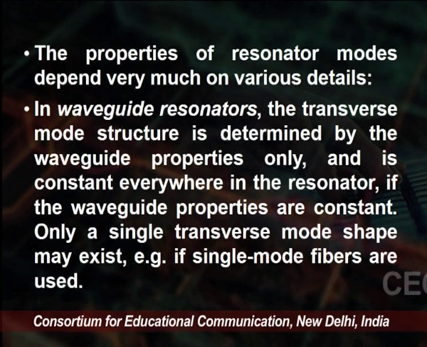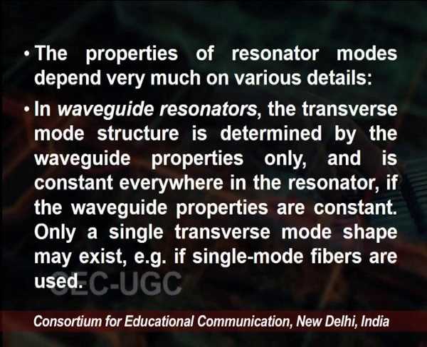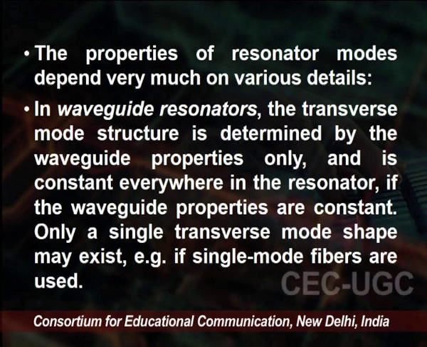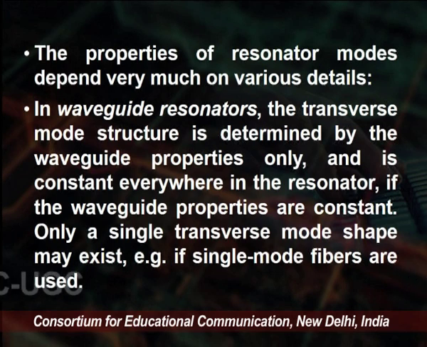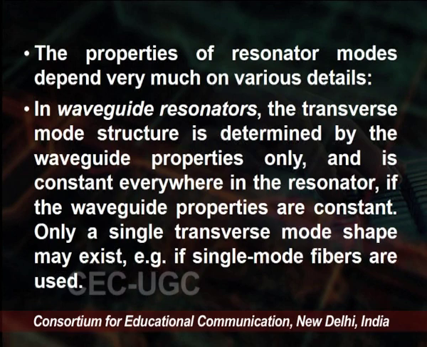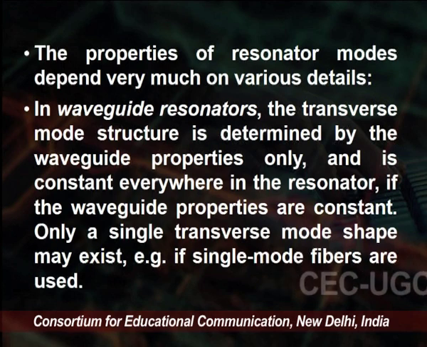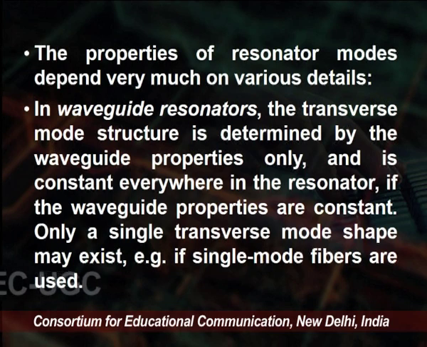Number one is the waveguide resonator. In a waveguide resonator, the transverse mode structure is determined by the waveguide properties only. As the name suggests, the transverse mode structure is totally determined by the waveguide properties and is constant everywhere in the resonator.